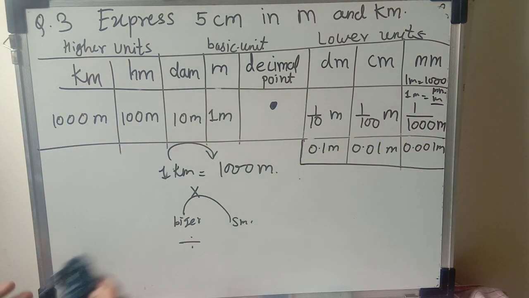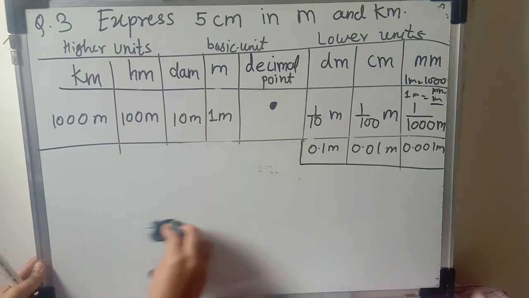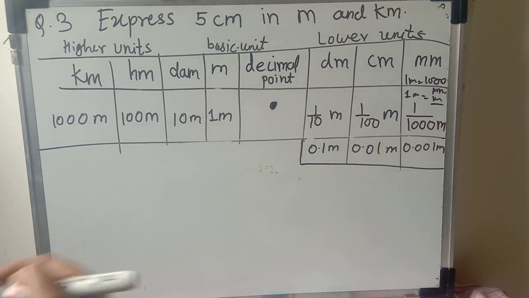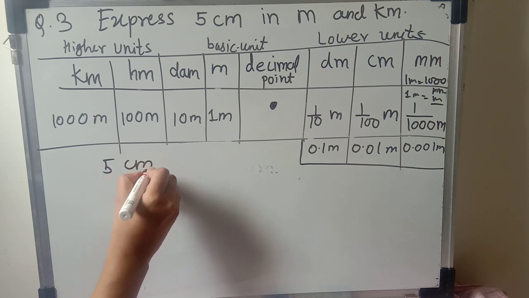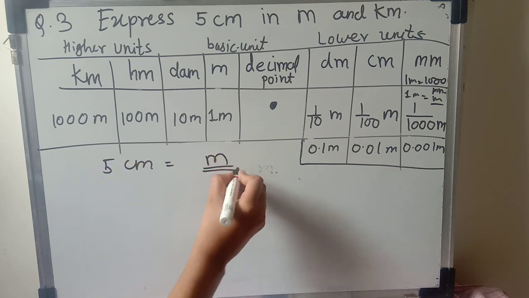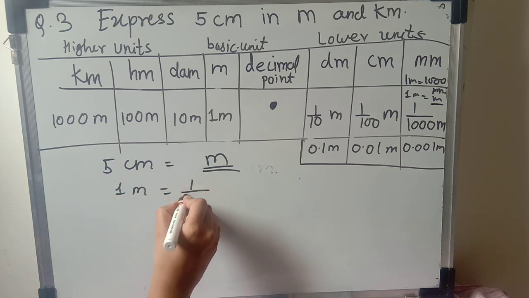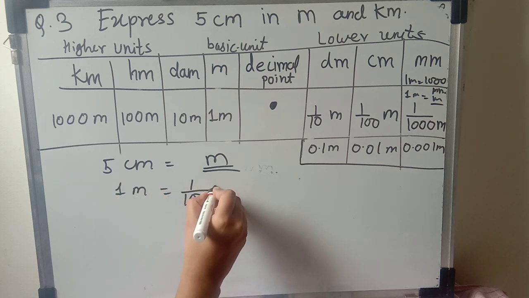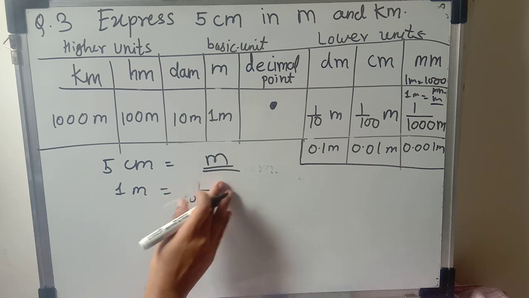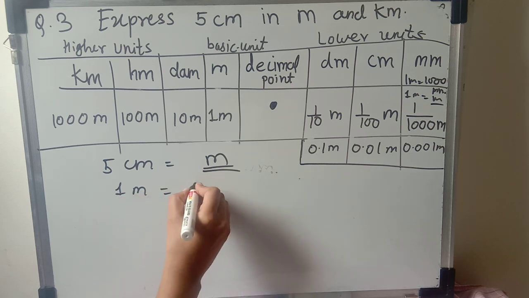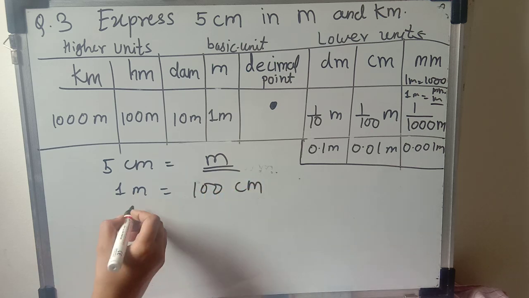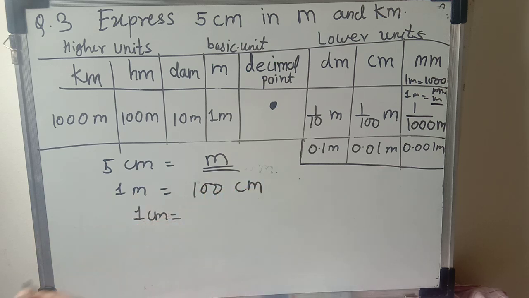Now what we have to do, we have to express the 5 centimeter into meter and kilometer. So here 5 centimeter is there, which we have to express in meter. We know that 1 meter is equal to 100 centimeter, but 1 centimeter means how many meter?